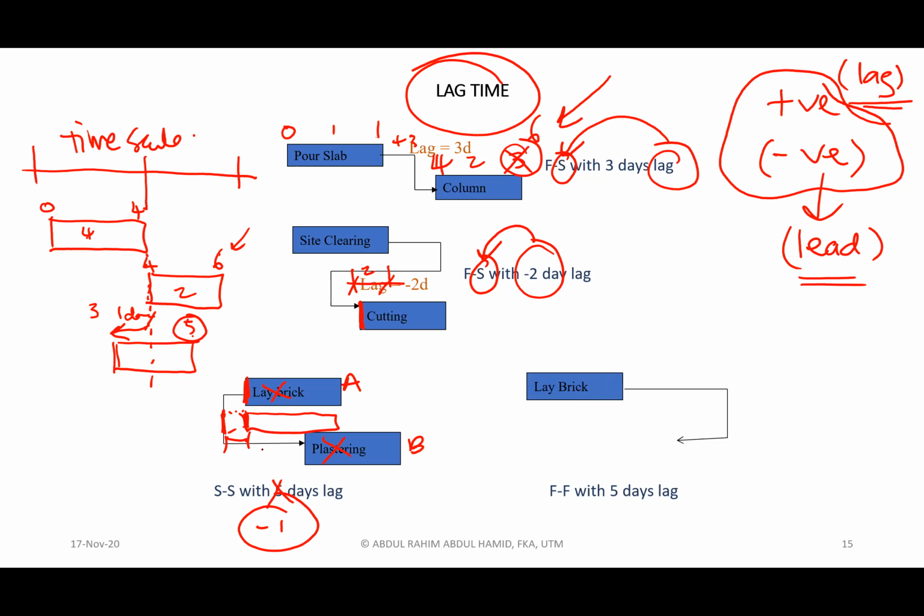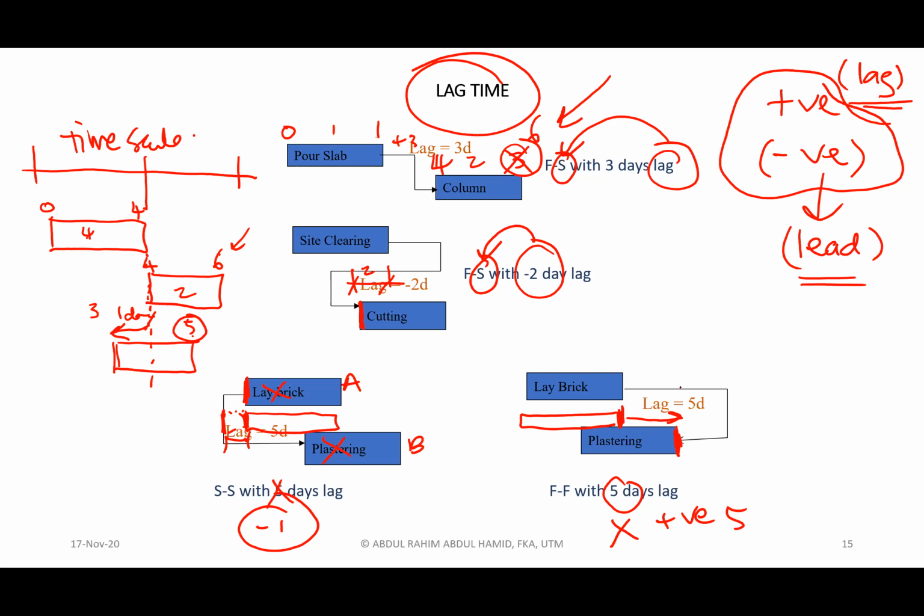Okay, now finish to finish. Finish to finish with 5 days lag. If without this, then this activity will complete at the same time, here. But now, with 5 days lag, we need to say positive 5. So the finish of this activity is now being delayed, being pushed back by 5 days.